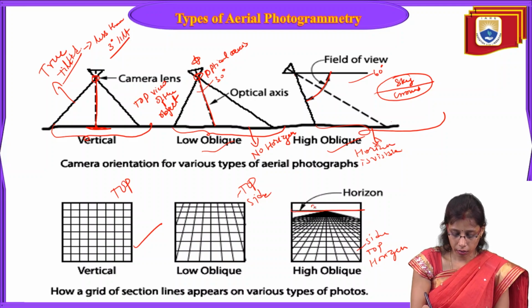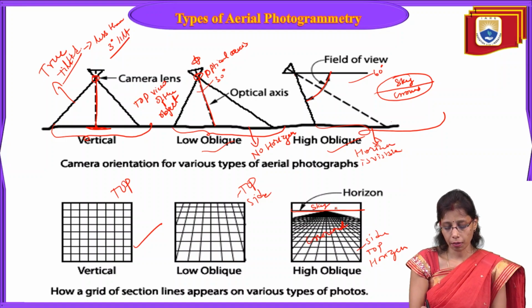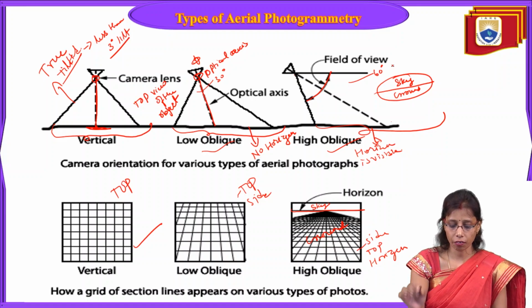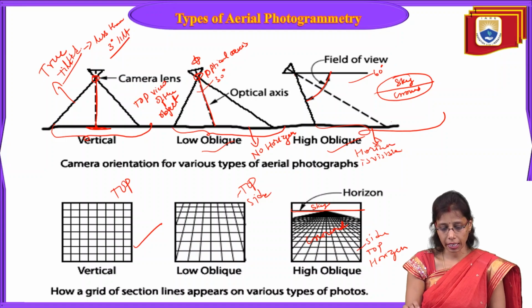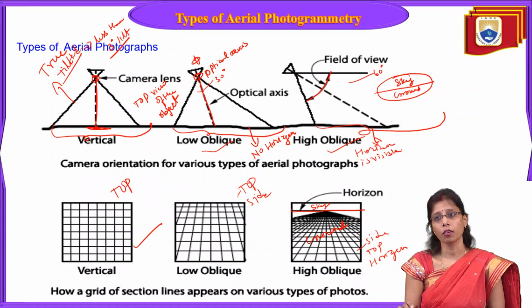Here this is the sky and this is the ground. So in a photo we are able to see the sky and the ground also. That's why it is called high oblique photograph with the angle inclined of 60 degrees. This was about the vertical, low oblique and high oblique.